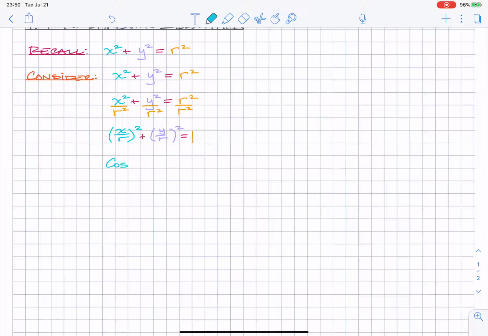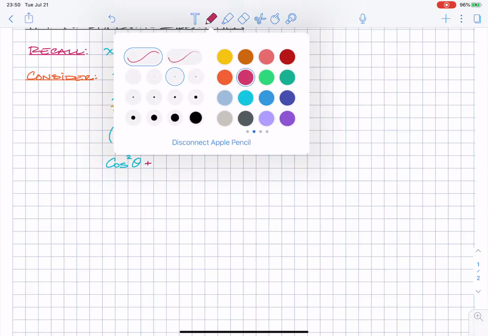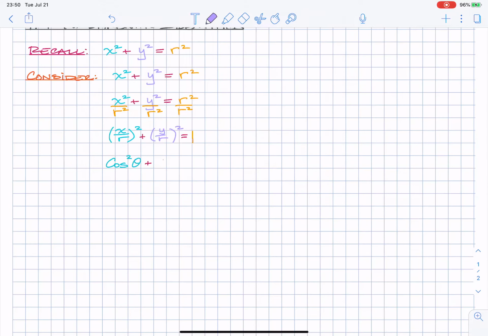So this can be thought of as cosine of theta, but we square it. And in order to square a trigonometric function, we put the square before the theta. So we read this aloud, cosine squared of theta plus y over r is sine of theta. So this is going to be the sine of theta, and we're going to square that. Read aloud, sine squared of theta is equal to 1.